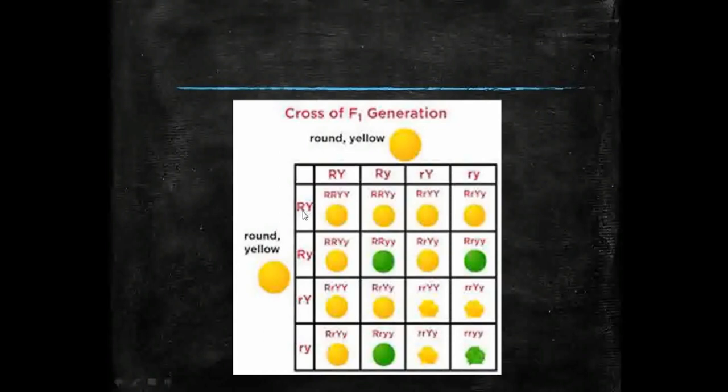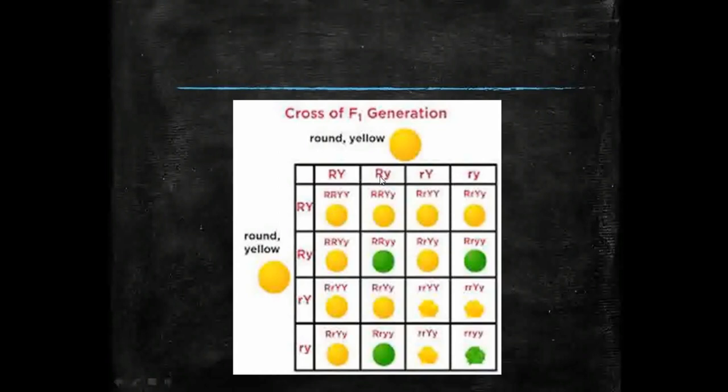Here also it is capital R capital Y, capital R small y, small r capital Y, and small r small y. Fusing these two, capital R, and Y and Y both are capital here, so this is our yellow and round seed.